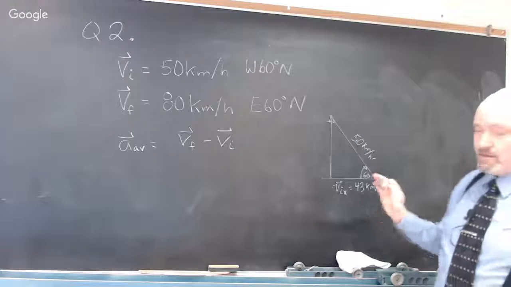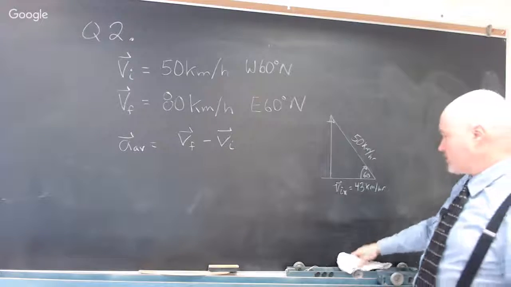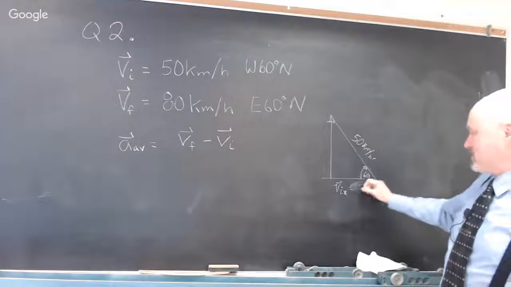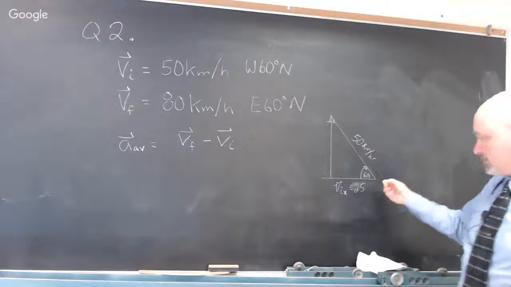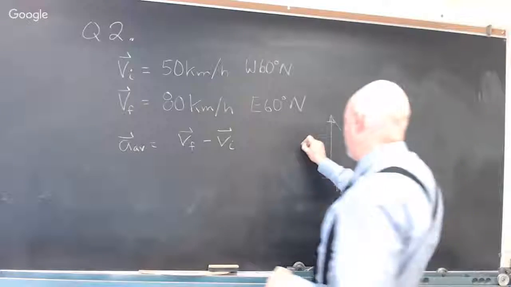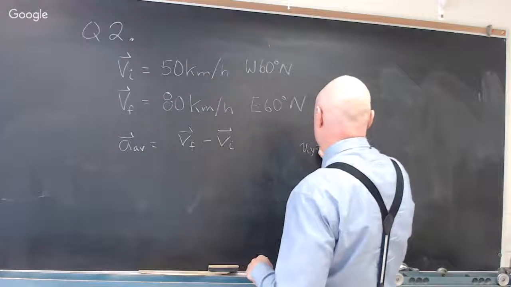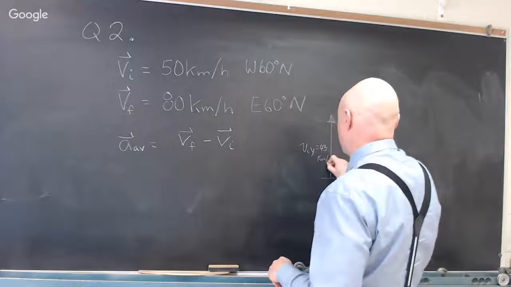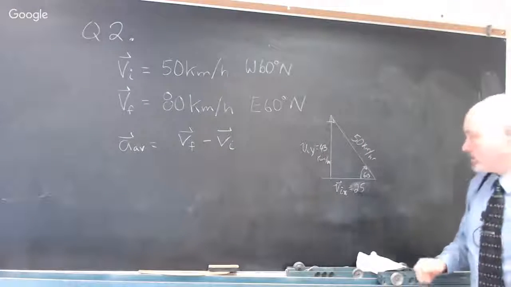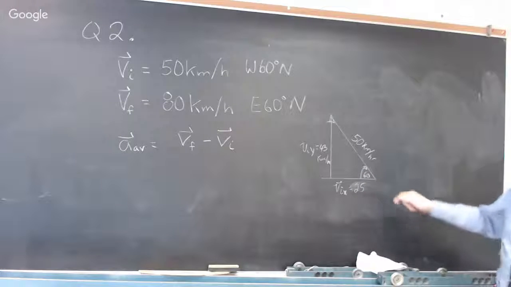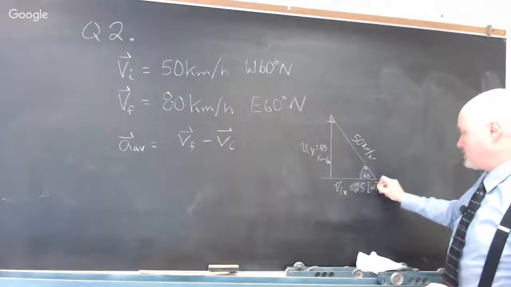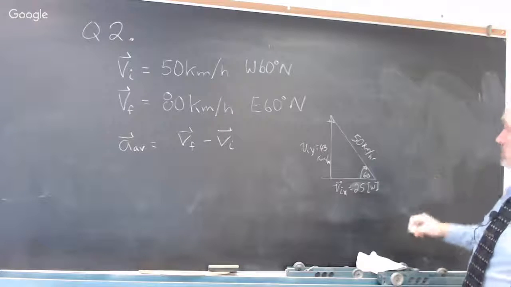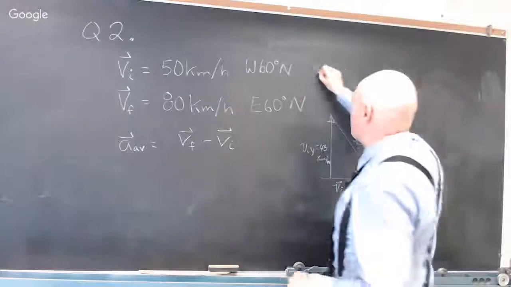Oh, no, that's wrong. In the x direction, that's wrong. No, that one was 25. The other one was 43. Okay, so VIX is 25, and VIY is 43. Okay, VIX 25, and that is to the west. So these are our x and y components.